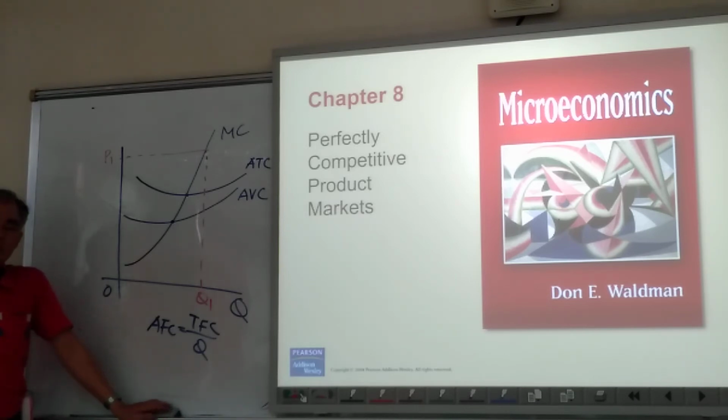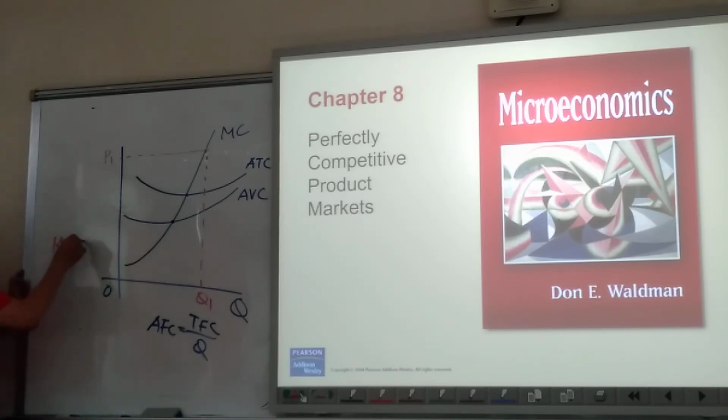How does a firm choose a production level? Exactly. MC is equal to P, right? So MC is equal to MR. Why? Because this is true only for a competitive market.